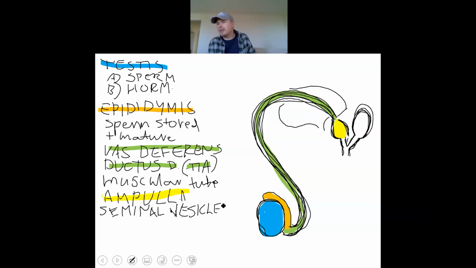So seminal vesicle, its function really is to secrete nourishment to the sperm. So we're going to add that note there. Nourish sperm.